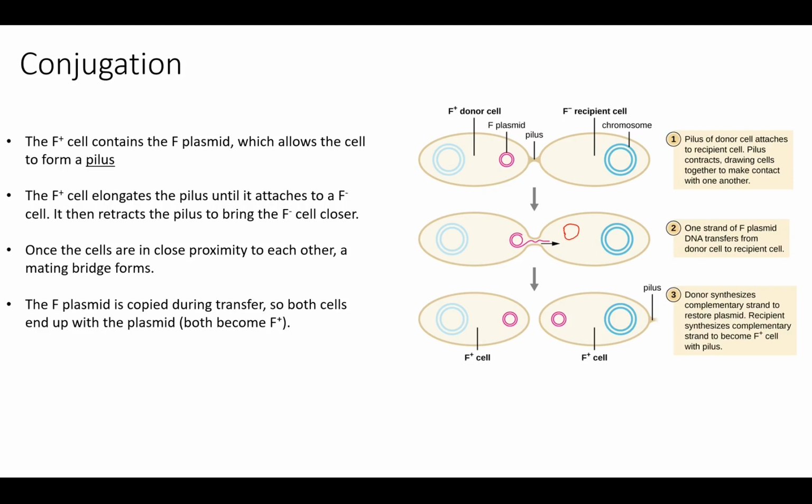And so conjugation is able to spread more than just the F plasmid and do more than just give a recipient cell the ability to form a pilus. Because if there's more than one plasmid, or if there's kind of like this super crazy cool other plasmid that it has, then it is able to share that as well.